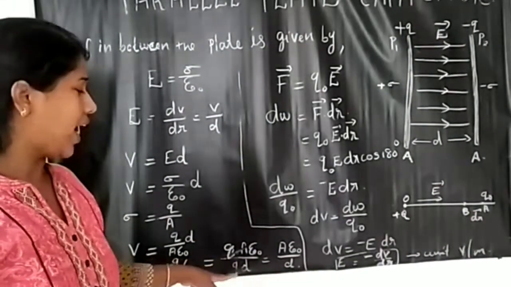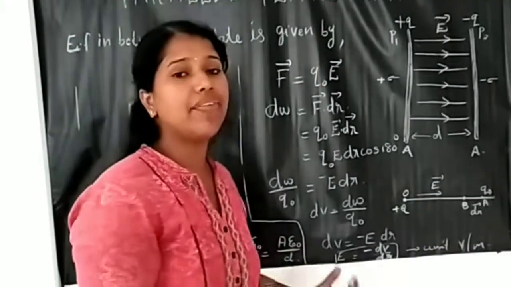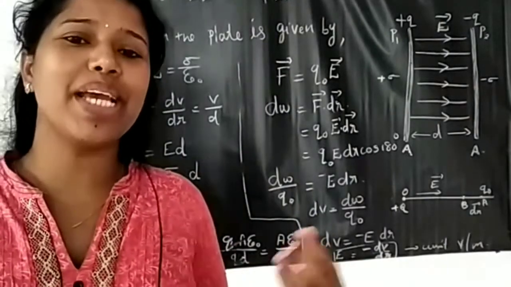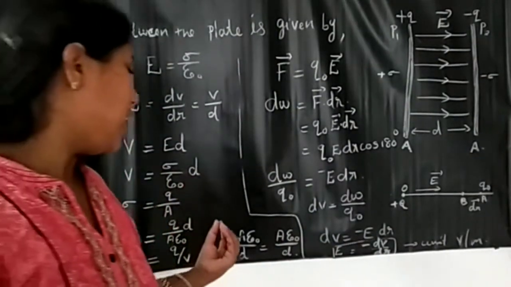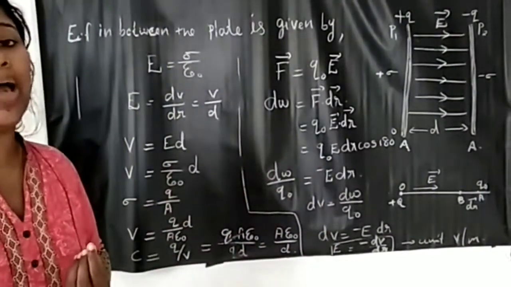Q cancels, and we get C equal to A epsilon naught divided by D. A means area of each plate, epsilon naught is the permittivity of free space, and D means the distance between the plates.